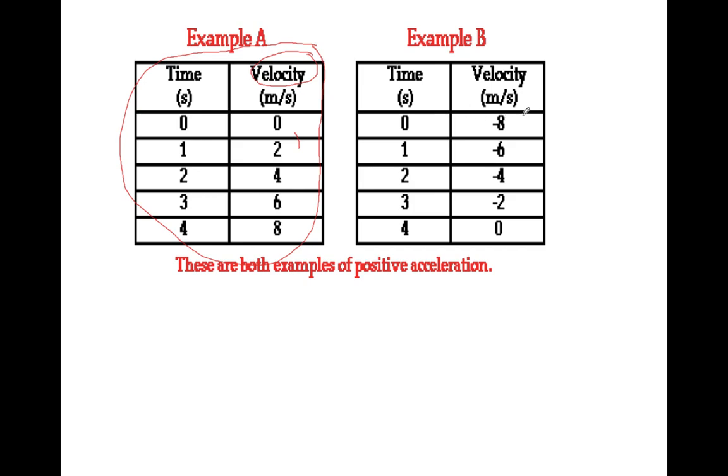In the second example, your velocity is negative, but the object is slowing down in the negative direction. So the acceleration vector would actually be positive. So the acceleration is positive in both cases, except in example A, the object speeds up, and in example B, the object slows down.